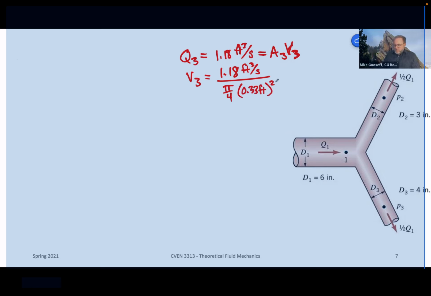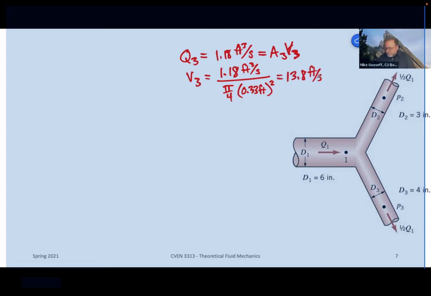So V3 comes out to be 1.18 divided by 0.33 divided by 0.33 and then times 4. I get 13.8 feet per second.